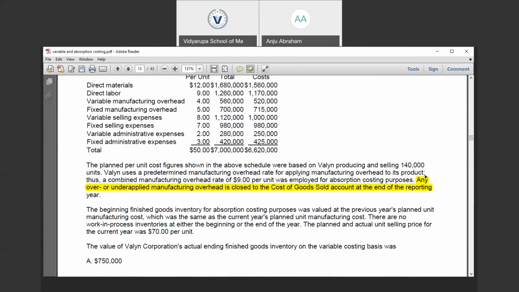But it is clearly specified in this question that the under or over applied manufacturing overhead is closed to the cost of goods sold, so we need not bother about applying it to finished goods inventory. We could just take the variable manufacturing cost into the ending finished goods units. So we will get the ending finished goods inventory value on the variable costing basis. Is it clear?